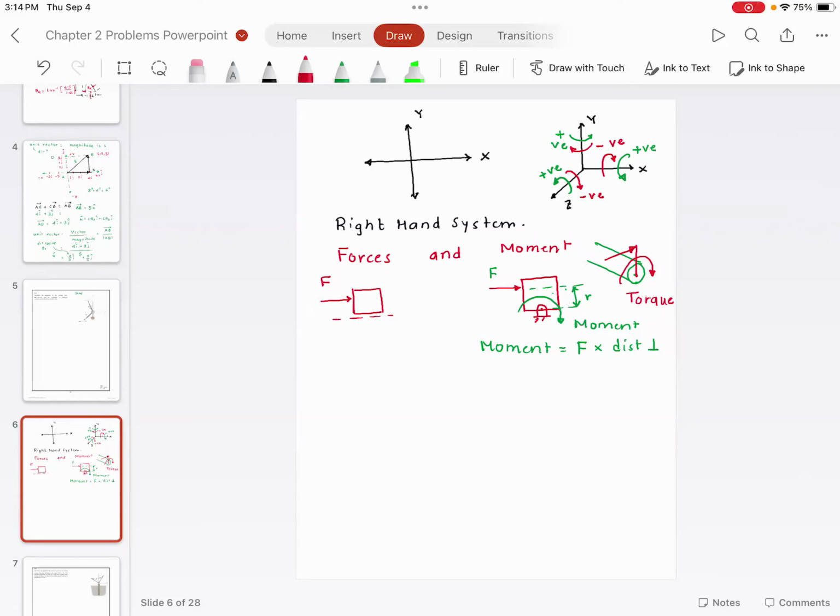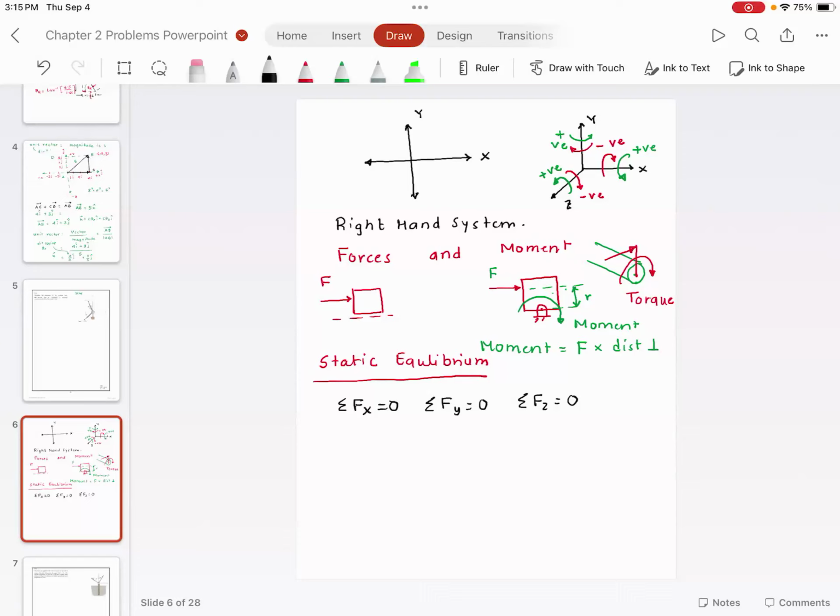This tells me static equilibrium is achieved when the summation of forces in the x direction is equal to 0, the summation of forces in the y direction is equal to 0, and the summation of forces in the z direction is equal to 0.